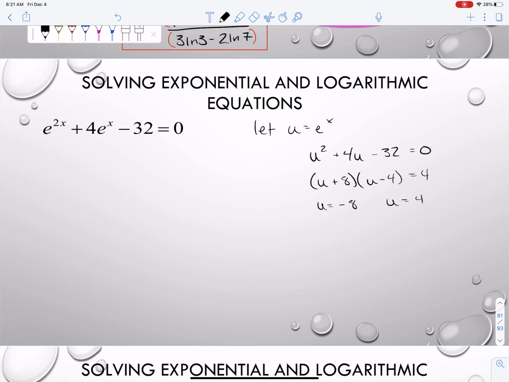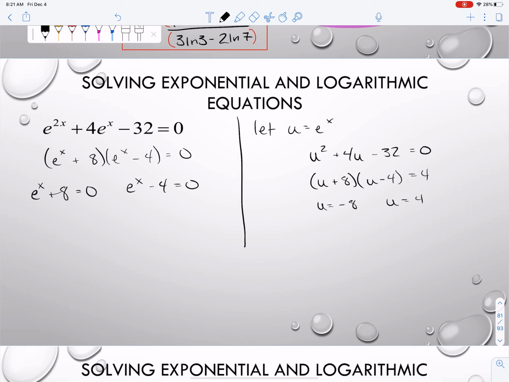Okay, if I solve this straight up without doing the u substitution, so if I said, well, I'm just going to factor it right away, so this would be e to the x plus 8 times e to the x minus 4 equal to 0. If I said each factor equal to 0, I have e to the x plus 8 equals 0, and e to the x minus 4 equal to 0.